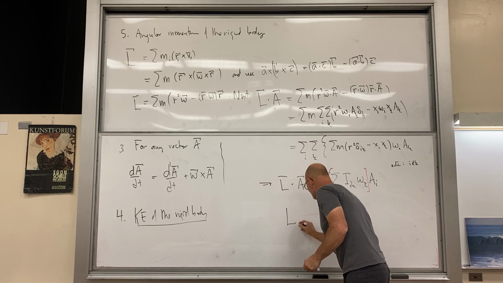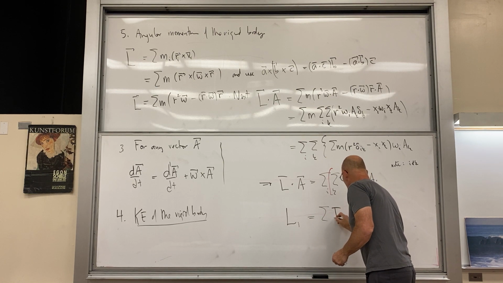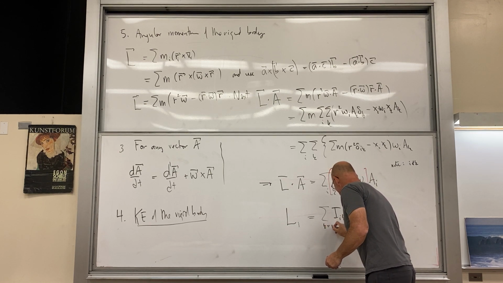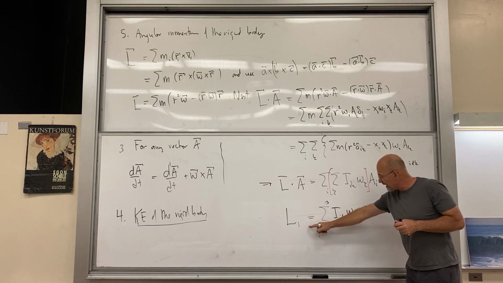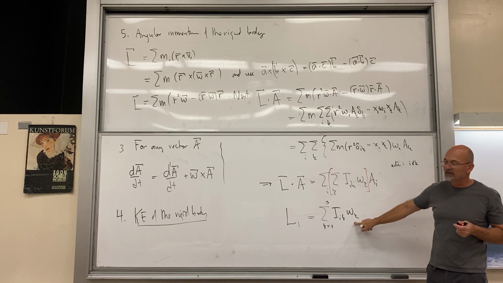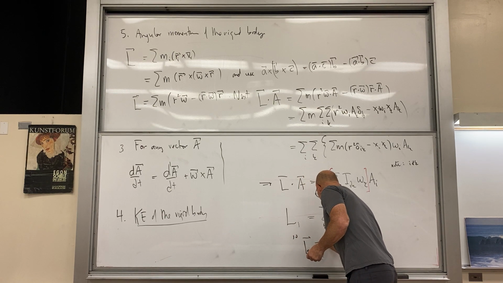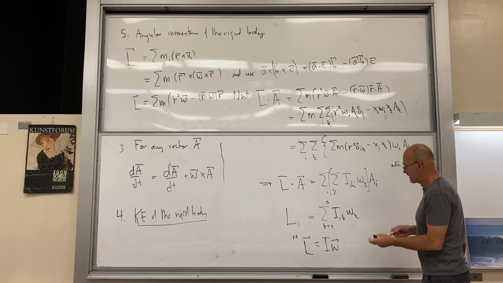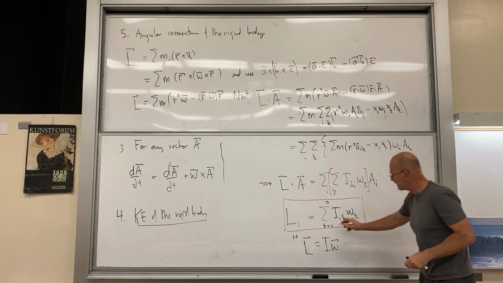So our L sub I is equal to sum over I sub I k omega k, k equals 1 to 3, and therefore the vector L is equal to the moment of inertia, or the inertial tensor, times the vector omega. So L is equal to I omega. Right, it had to come out like this, and it did.